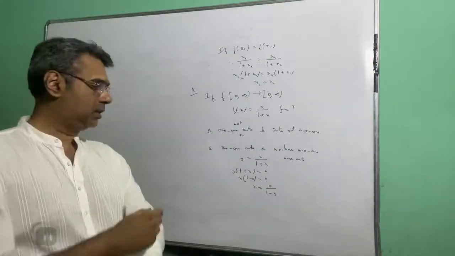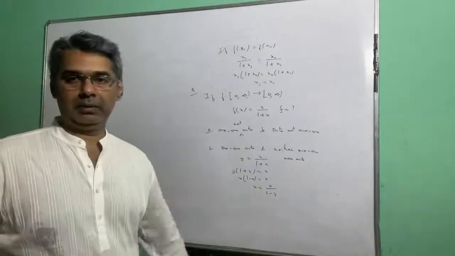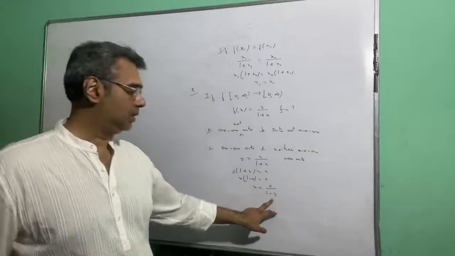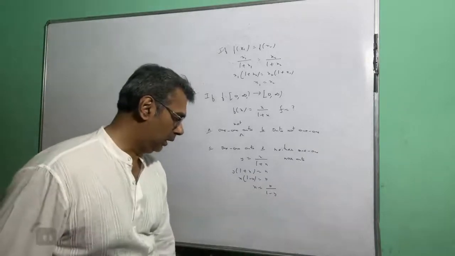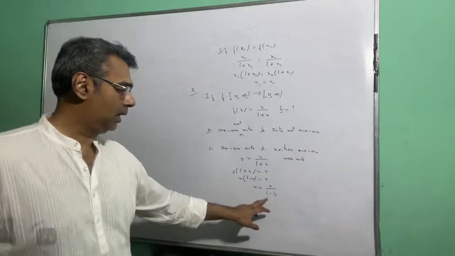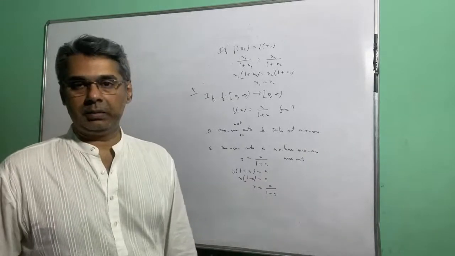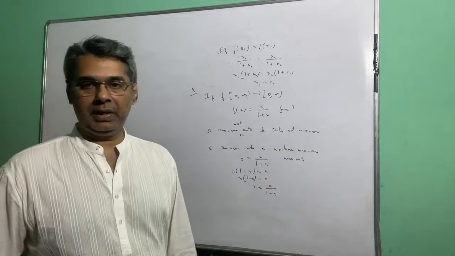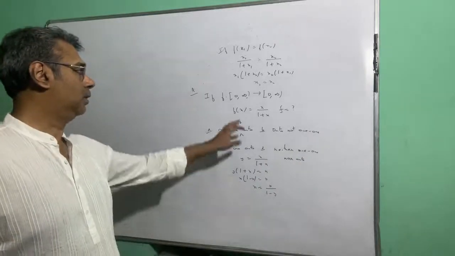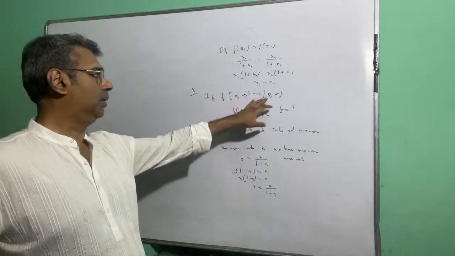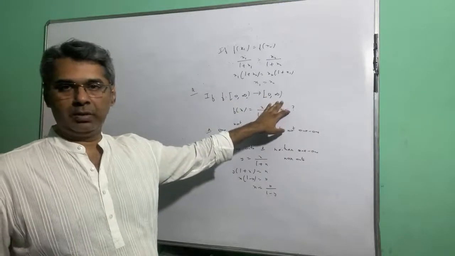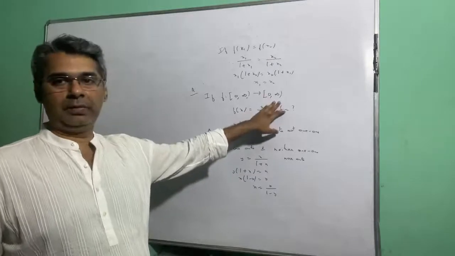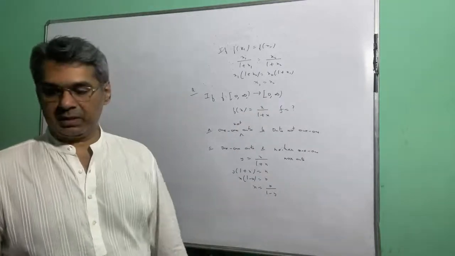If you look carefully at x equal to y by 1 minus y, you will realize that y cannot be 1, because if y is 1, the denominator will become 0. The domain is 0 to infinity and the codomain is also 0 to infinity. But y cannot be 1. So in the codomain 0 to infinity, the value y equal to 1 is not acceptable.